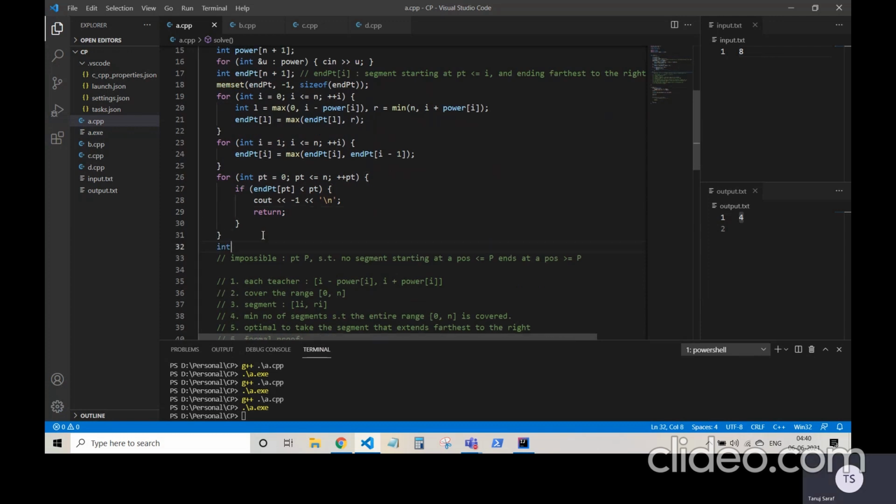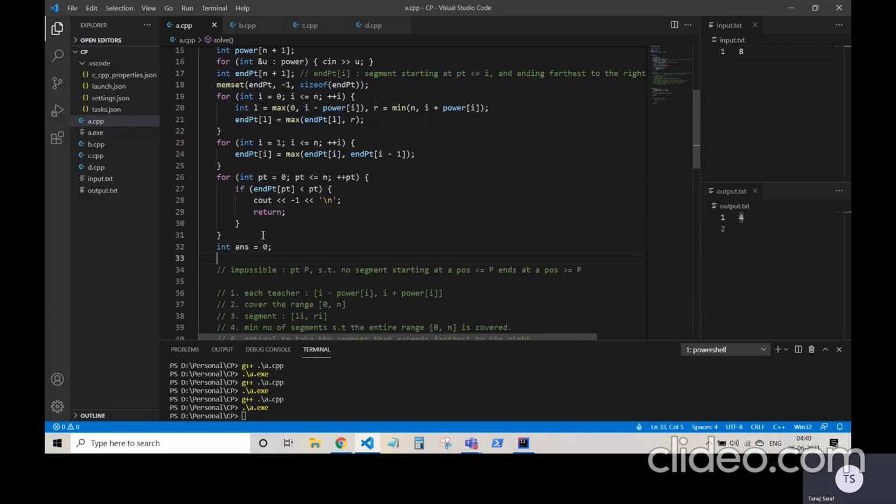Otherwise, if the answer does exist, then we start at point 0 and then we can directly jump to the endpoint of that particular point, right? So we can directly jump to the endpoint of a segment that started at point 0 and ended as far to the right as possible. And then from that particular point, we again make another jump to the endpoint of that point, right?